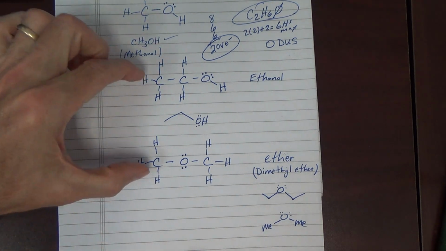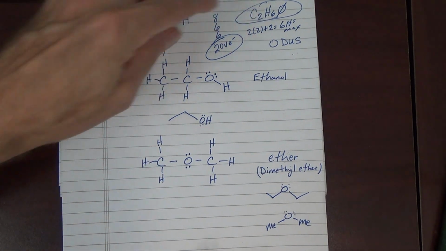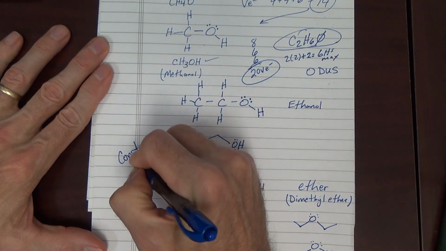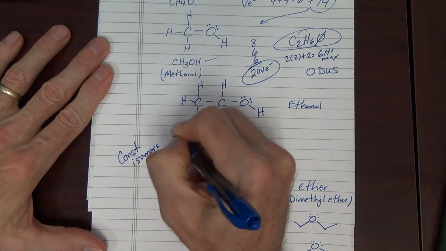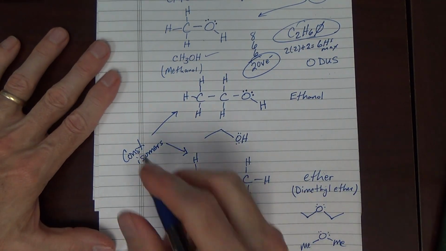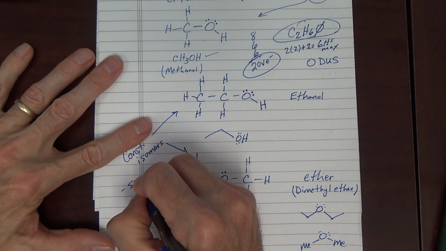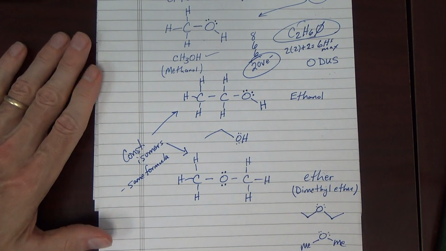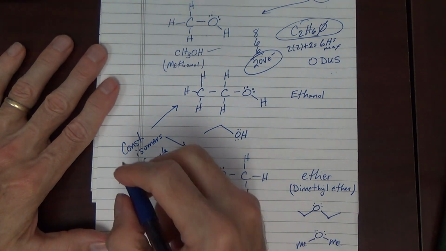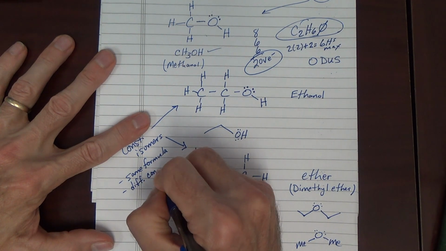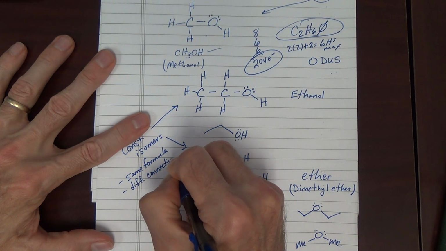So we have 2 different Lewis structures that are possible for this formula, and these are called constitutional isomers. Definition of those. Of course, isomers have the same formula, but there are different types of isomers. These have different connectivity.